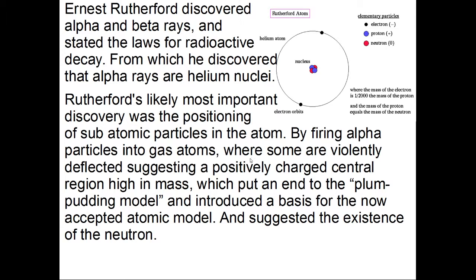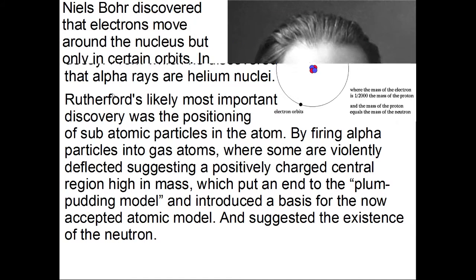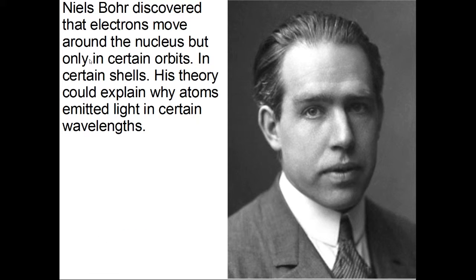He discovered that they had a central positively charged region, with the electrons around the outside. He didn't know about neutrons at the time, he just suggested the existence of them. Niels Bohr discovered that electrons move around the nucleus in certain orbits, in certain shells. His theory could explain why atoms emitted light in certain wavelengths.